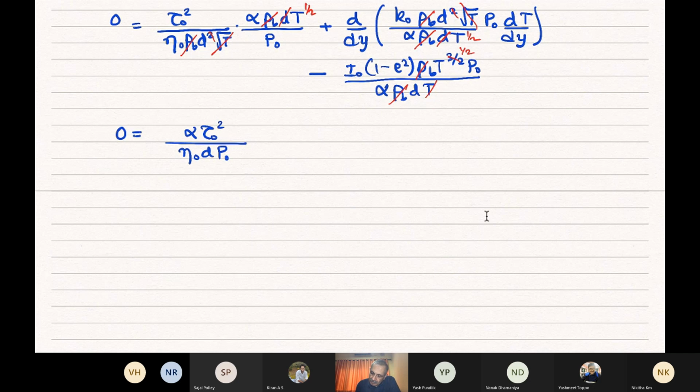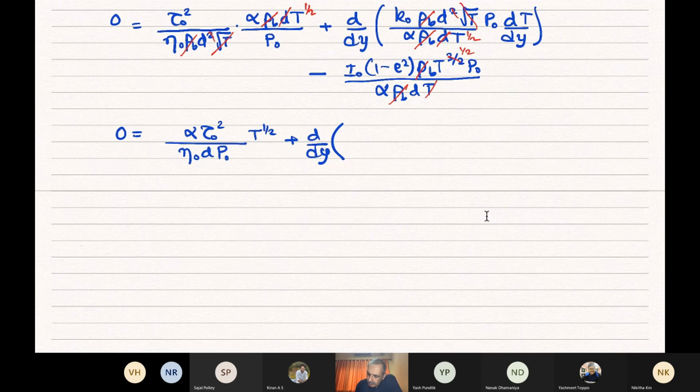So this is this term, and this is multiplied by t raised to the power of half. And then if you look at the second term, here also we can see that a lot of simplifications can be done.